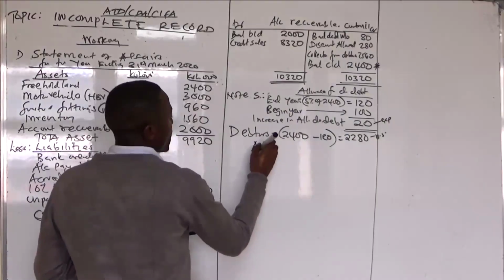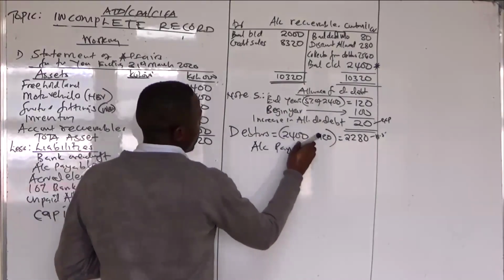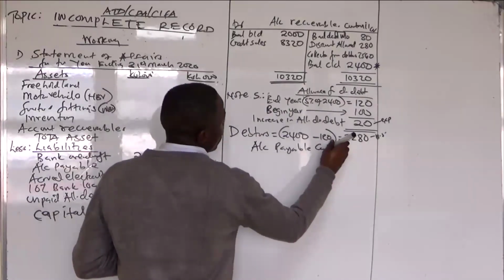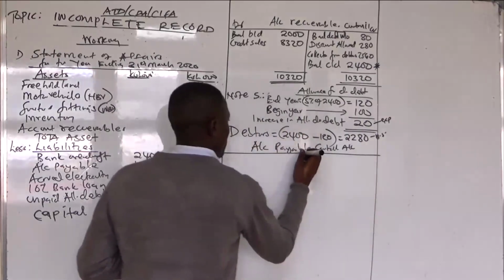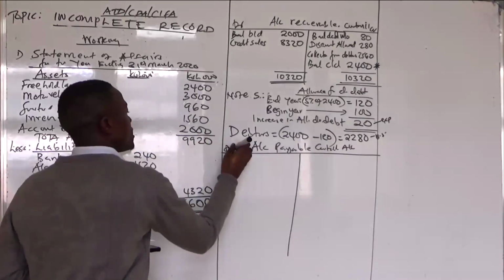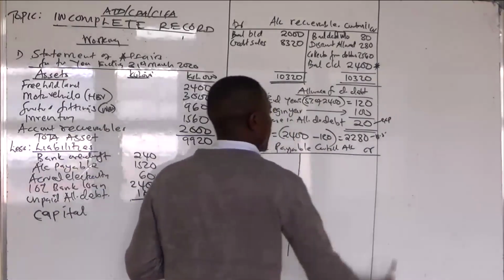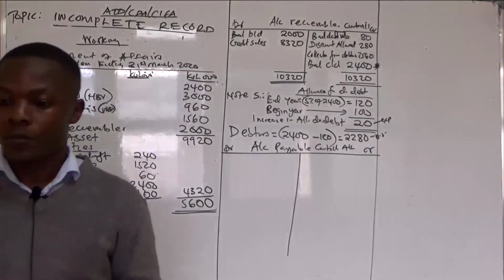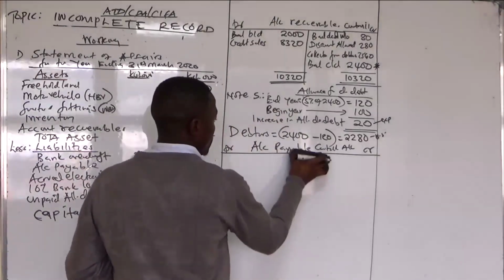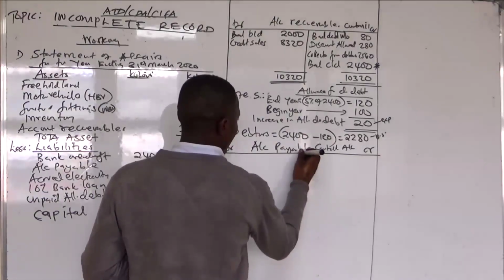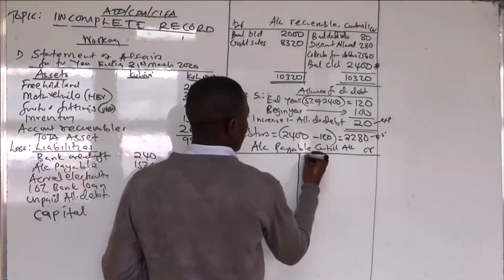So we go to the accounts payable control account. Always, balance brought down of accounts payable starts on which side? Credit side, because it is a liability.